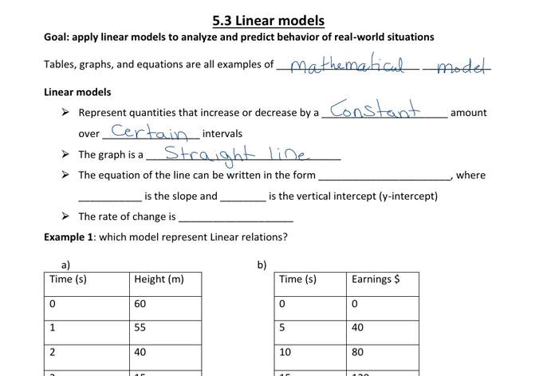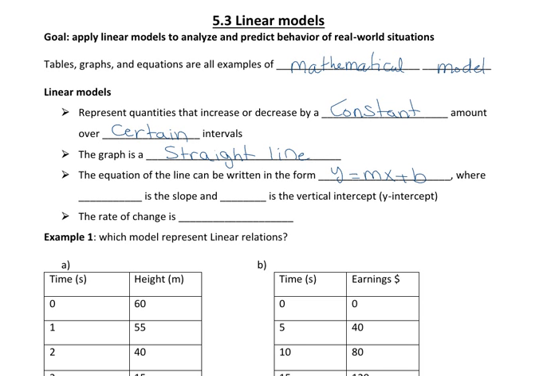And we said that the equation of the graph or the equation of the line can be written as y equals mx plus b, where what is the slope in this equation? What represents the slope? Where m is the slope, right?